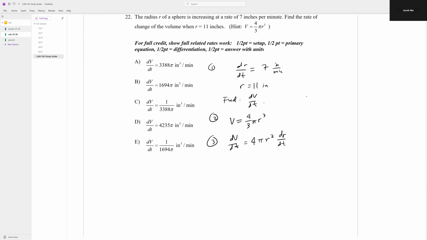And so now we just plug in the values that we already know. So we know that r is equal to 11 and dr/dt is equal to 7. And so we are left with... I don't know that in my head, but I'm guessing it's choice A, so 3388 pi. And then the units are inches cubed, because that's volume, right? And then our unit of time is minutes.